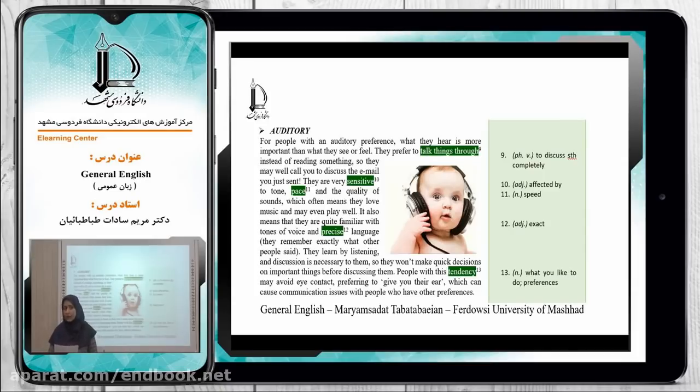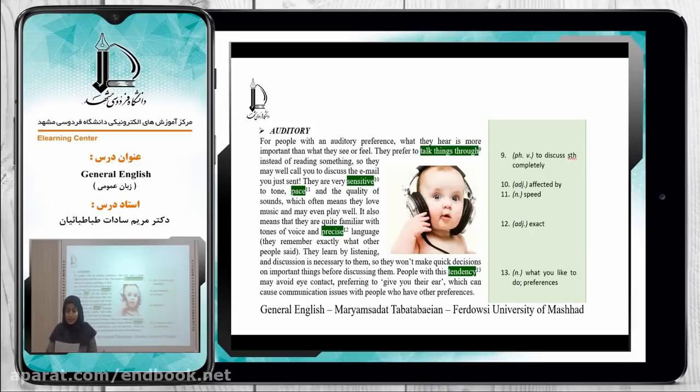They don't like reading things, but talking about it to someone else. So, they may call you and talk about an email you sent them. Because if they only read the email, they will not get much information. But when they hear you just tell them what you want, they will understand it better.